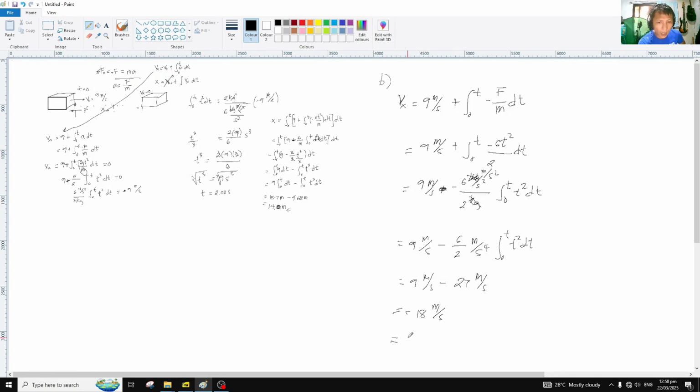So you can say the magnitude is 18, or the speed is 18 meters per second going to the left. So that is your speed, and this is your velocity. Okay? So as expected, it should have a negative velocity because it should be going to the left.